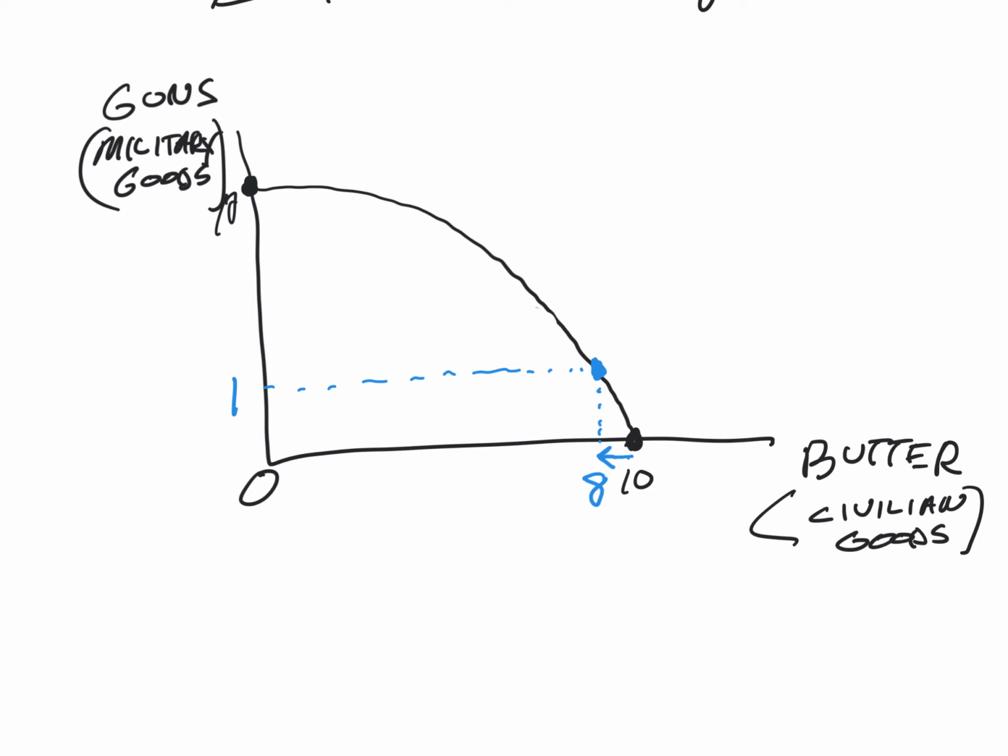Now, what was the opportunity cost of producing that first unit of guns? Well, we went from 10 down to 8 butters. We had to give up resources producing butter to produce the guns. So we gave up 2 units of butter to produce that one gun.